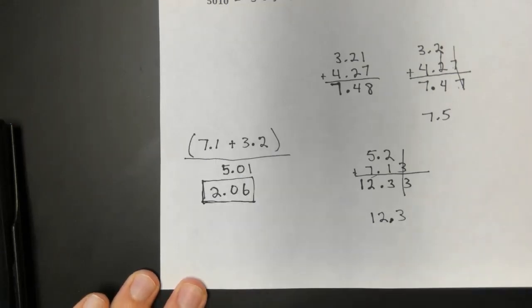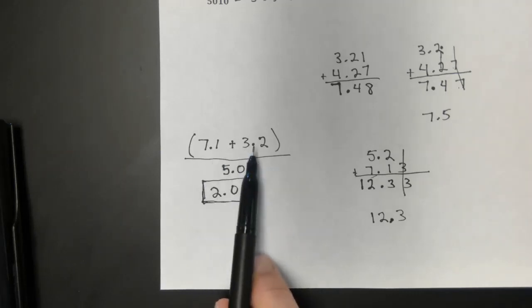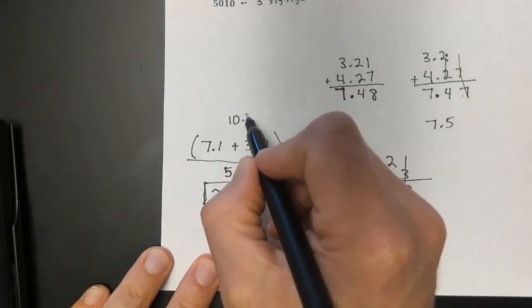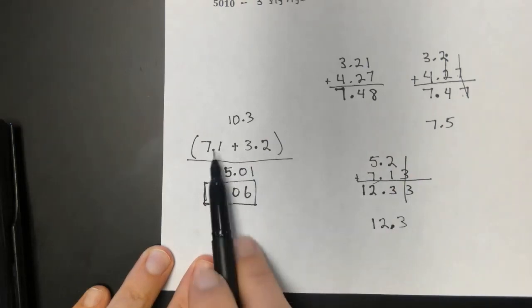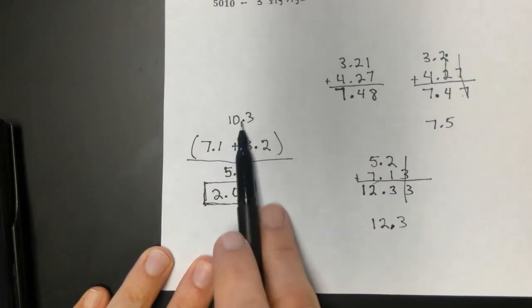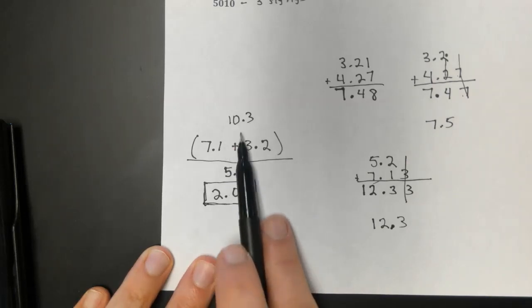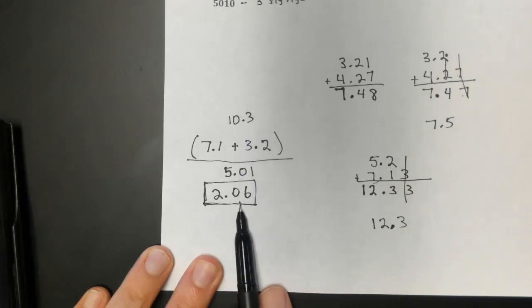If we add these two numbers together, we get a value of 10.3. And the tenths place is where the uncertainty first arises, so we stop at the tenths place. And so we get 3 sig figs up here, and we have 3 sig figs down below. So now we do our division, and we end up with 3 significant figures for our answer.